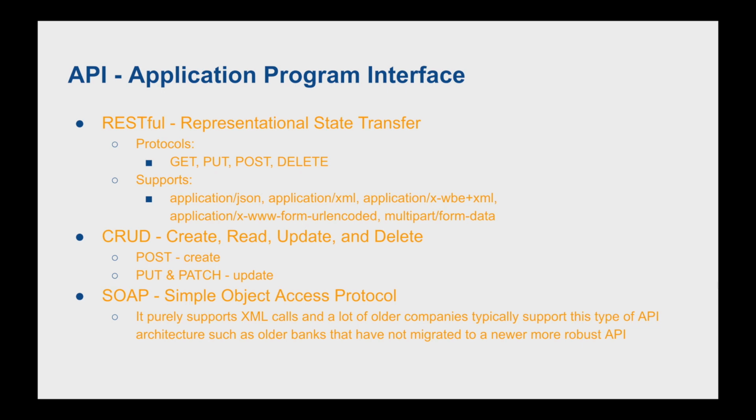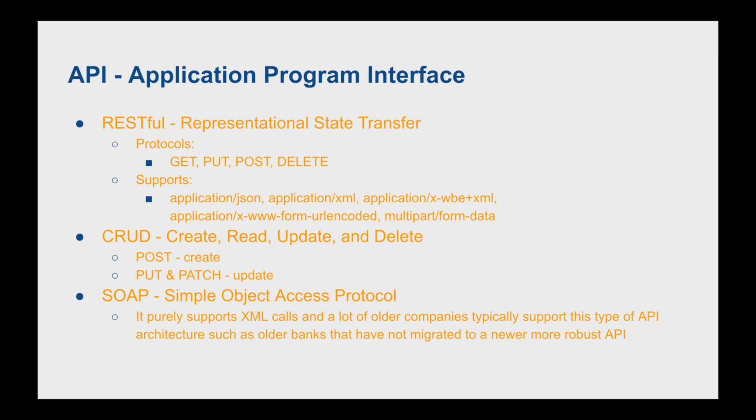API stands for Application Program Interface. It is what most websites use to pull up information that users request. There are different types of API structures, which are called design patterns.